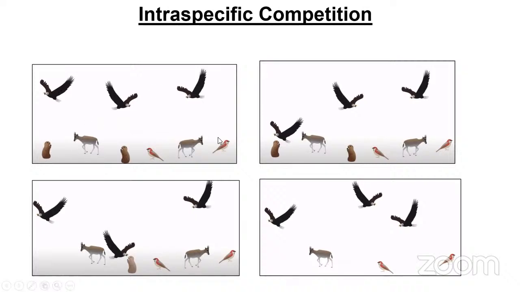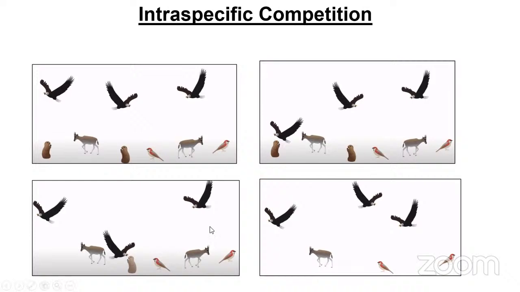The members of the eagle species are dependent on a similar type of food. One eagle will eat one food, and another eagle will also go and eat the same type of food, and all these are food for the same eagle.